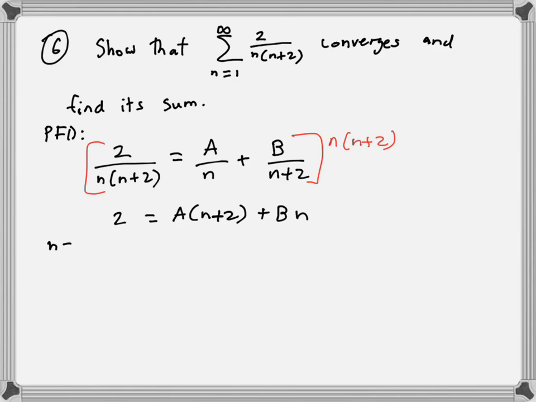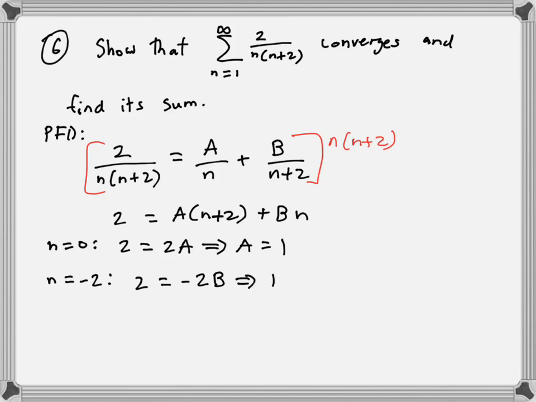So if I plug in n equals 0, I end up with 2 equals 2a, which means that a is 1. And if I plug in n equals negative 2, then this gives me 2 equals negative 2b, which means that b is negative 1.